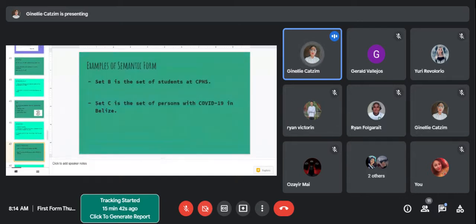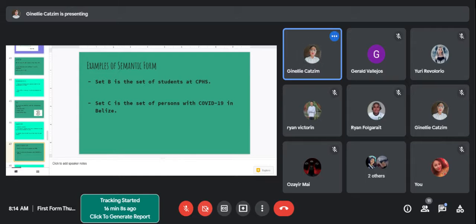We also have set B is the set of students at CPHS, because we are describing a set. Then we have set C is the set of persons with COVID-19 in Belize. Those are the semantic notation, because we are just describing the set.